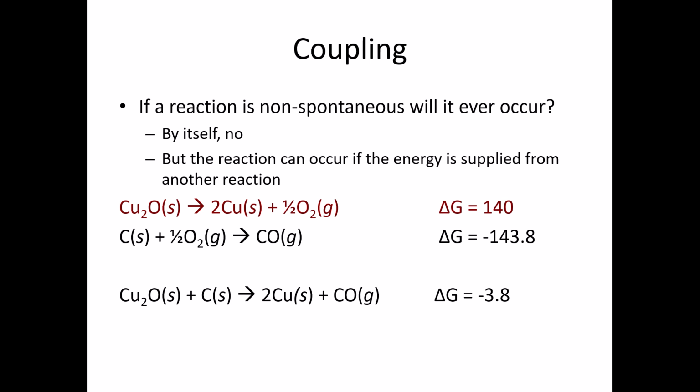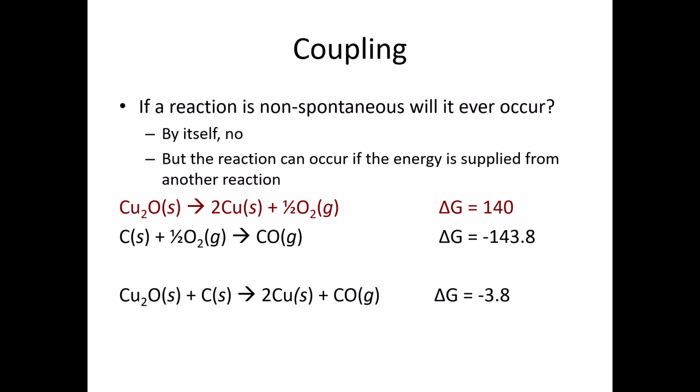Now, one last idea with this idea of work is how can we get a non-spontaneous reaction to occur? In order to get a non-spontaneous reaction to occur, we have to attach it to a power source, or we can couple it to a spontaneous reaction that does work.